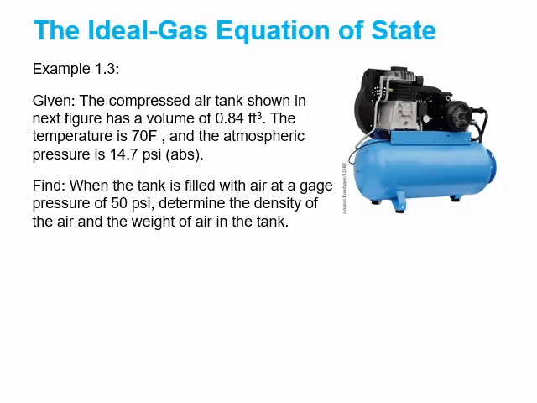So you may say that the pressure is 14.7 psia. When filled, the gauge pressure indicates 50 psi. So the question is, what is the density of the air? And what is the mass of the air in the tank? This combines the ideal gas law with the density definition. We will work through the solution next.